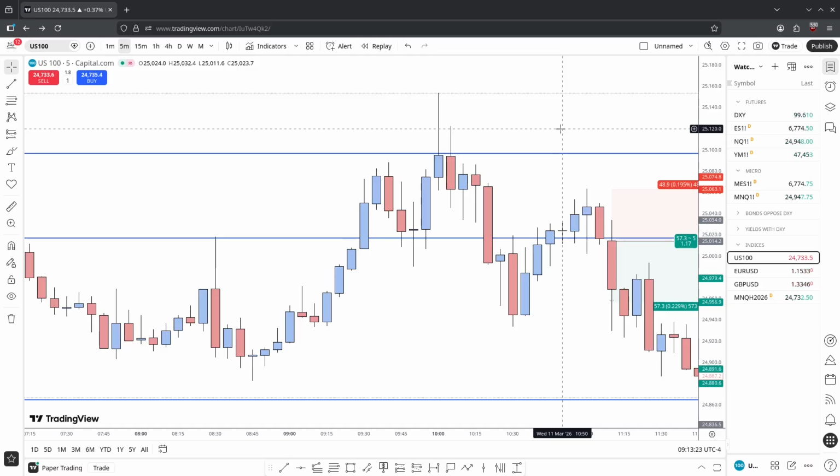If I get that, then I can go into a lower time frame looking for a short. Or if we reject the high but we get a bullish closure, what do I need to do? In the next candle, I need to see a bearish move. And then I can go into a lower time frame looking for a short.